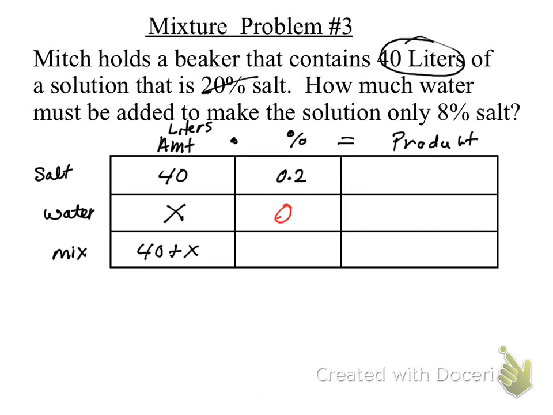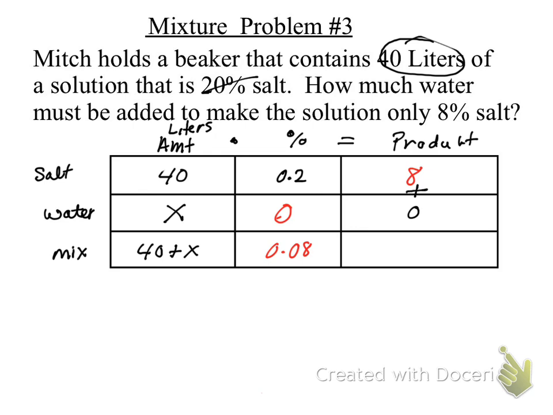Where does the 8% go? On the bottom. We want the mix to be 8%. So multiply across, I get 0.2 times 40 is what? 8. Okay, and then this equals 0.